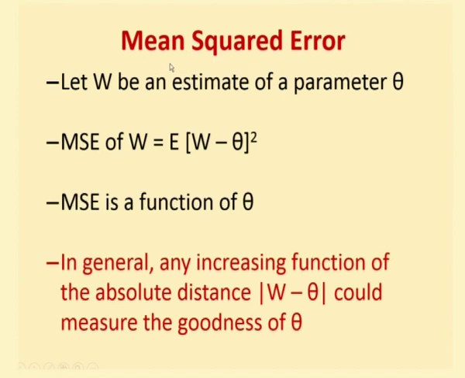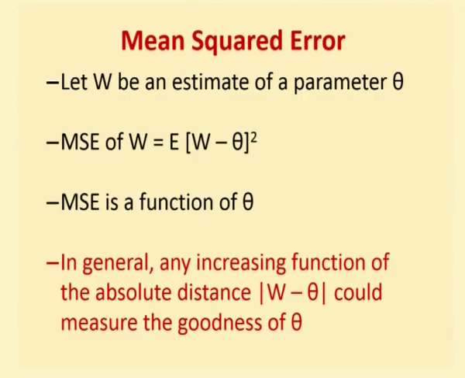The squaring concept is very direct, or self explanatory again, because we may expect that W may go beyond theta or sometimes be less than theta. So on average, if we calculate simply the exact difference, then we may nullify that value. So we square it to remove the sign, and then we calculate its average.